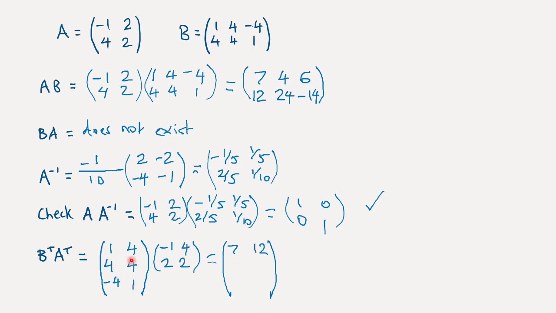And then second row, first column, we'll have minus 4 plus 8, 4. And then we'll have second row, second column, so 16 plus 8, 24.